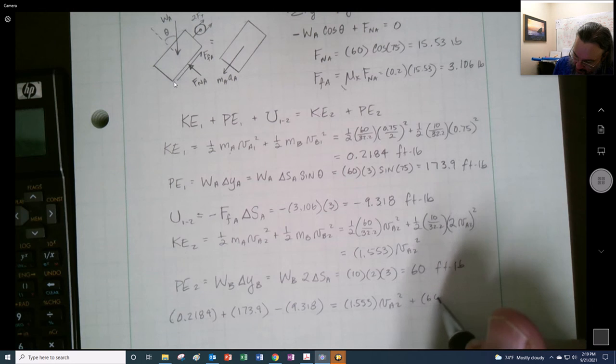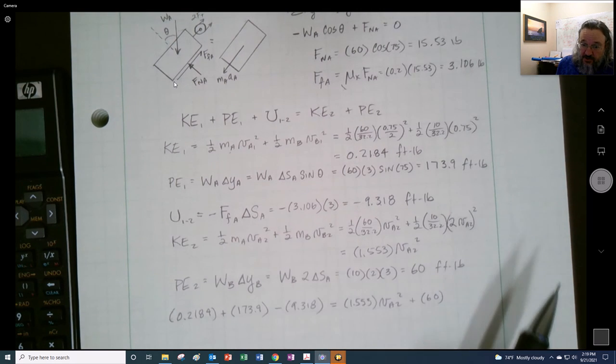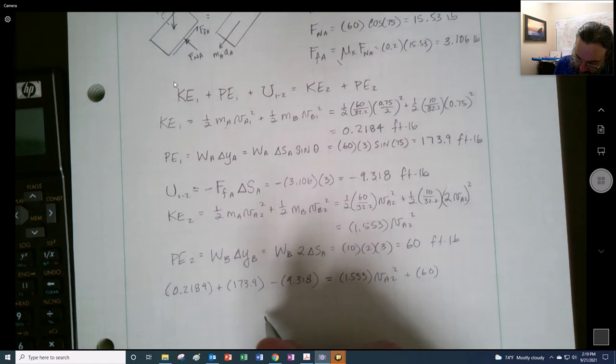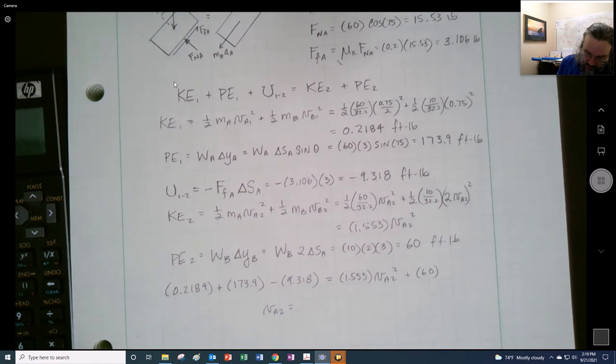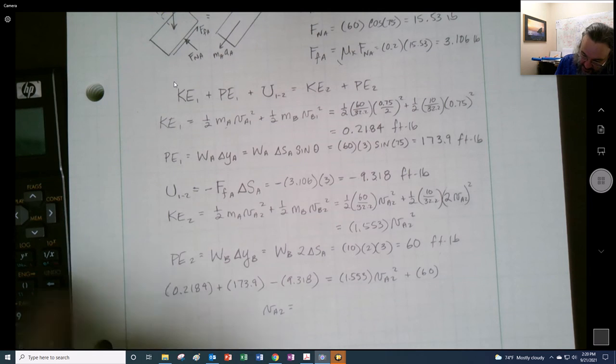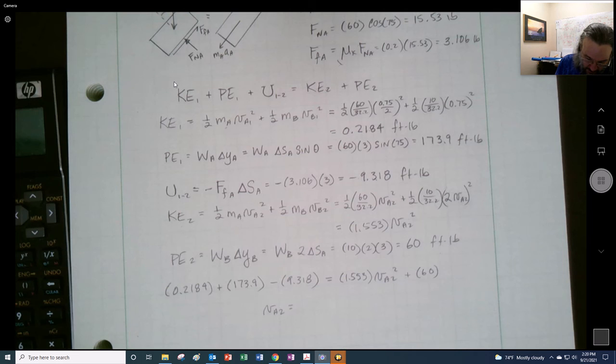So it's going to increase some potential energy, but it's going to rob some of the potential energy that was actually driving this. But if we go V_A2, I'll take my 0.2184, which doesn't do much with my 173.9, but we'll still add it in there. We'll subtract out the 9.318.